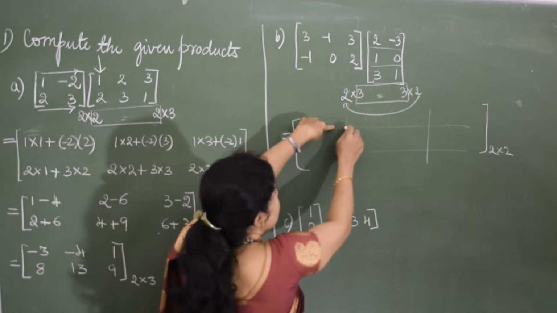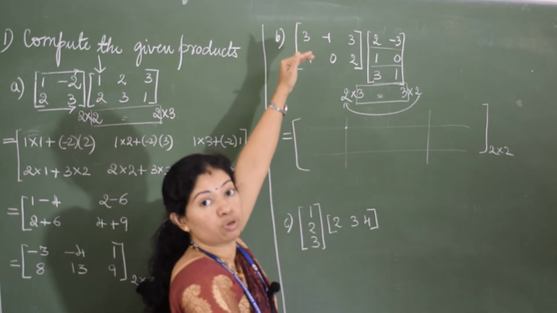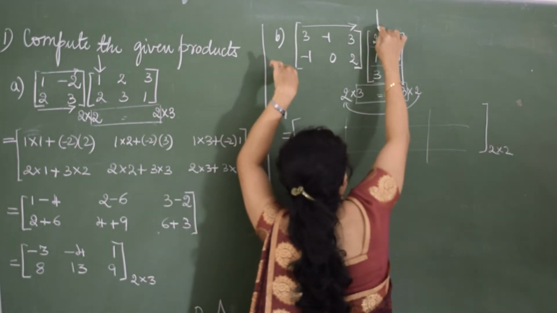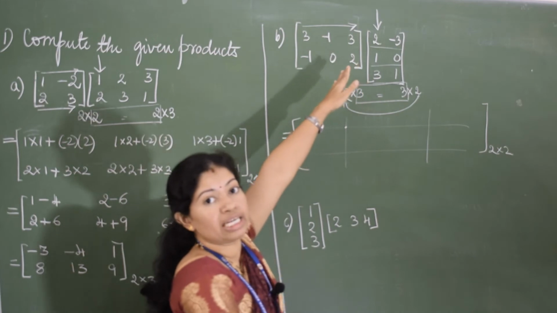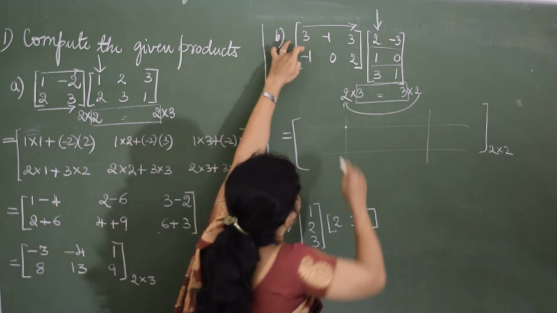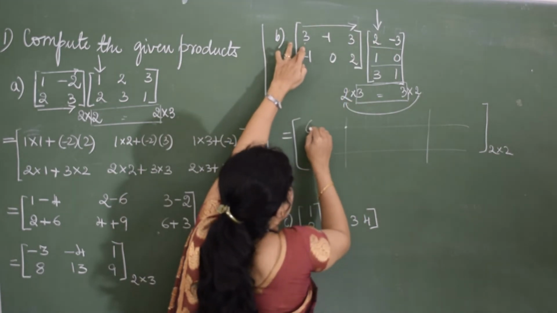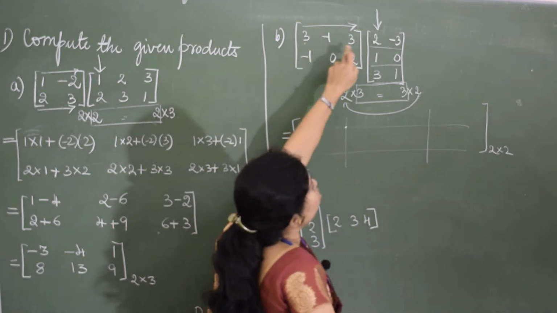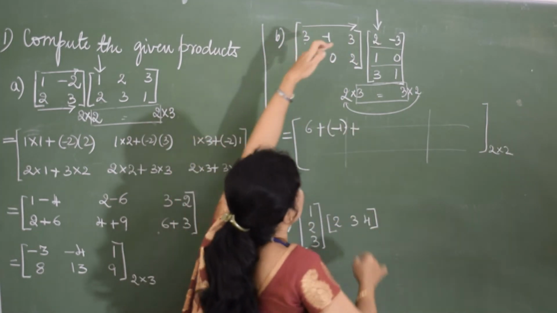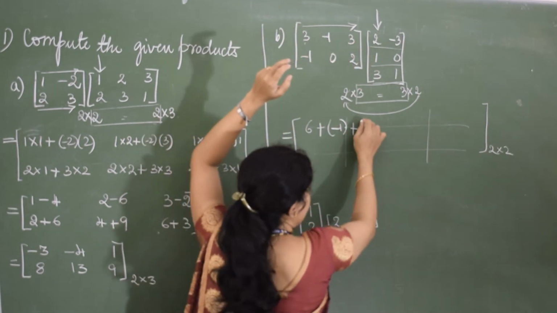So to find this one, what we have to do? We have to take the first row of the first matrix and multiply with the corresponding elements of the first column. So let us do that. So it is 3 into 2, that is 6, plus minus 1 into 1, it is minus 1, plus 3 into 3, 9.